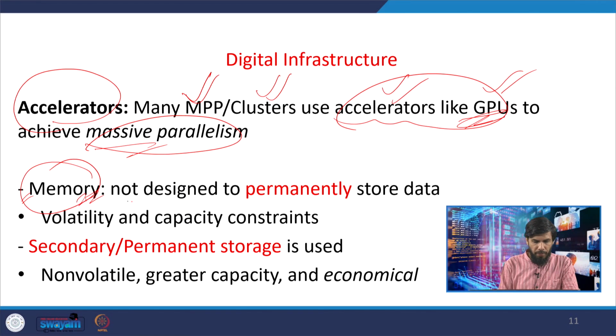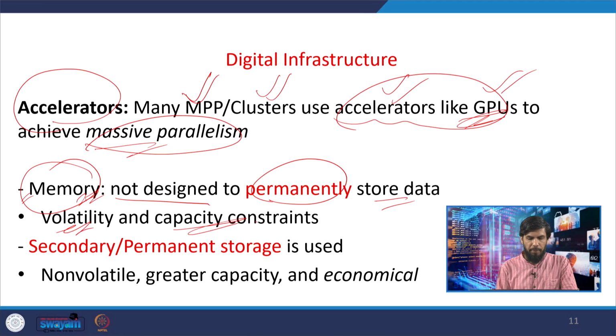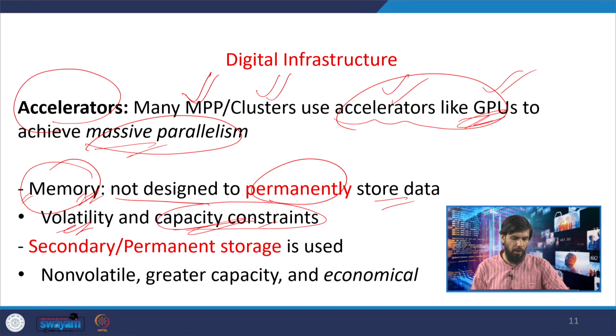Memory is not designed to permanently store data, right. We already talked about the volatility and capacity constraints, because it is a fast, expensive kind of storage. So, obviously, it is not designed to store all kinds of data; it is designed as a volatile thing. So, volatility and capacity constraints are there, and it is not designed for permanent storage.